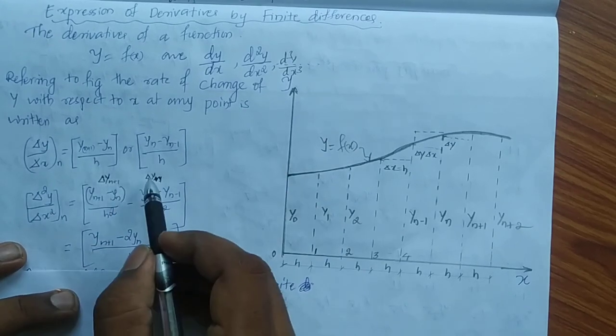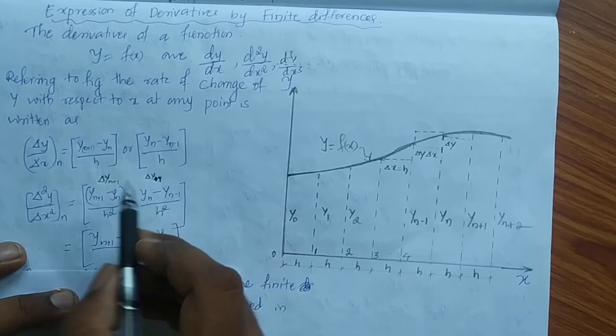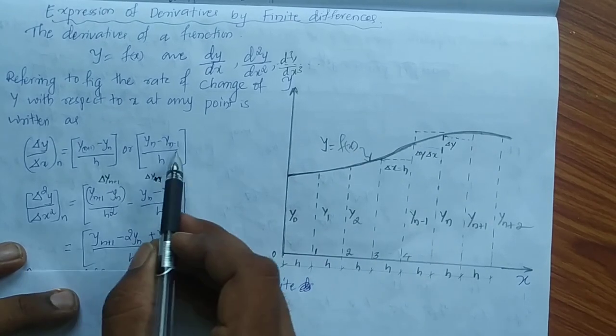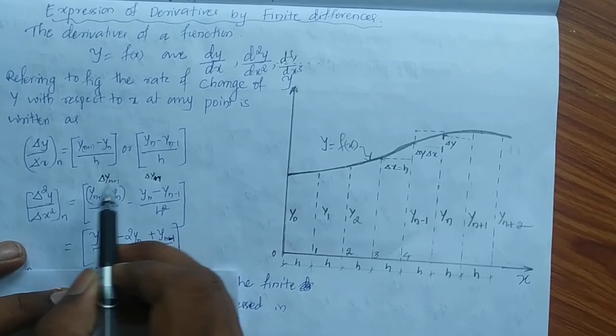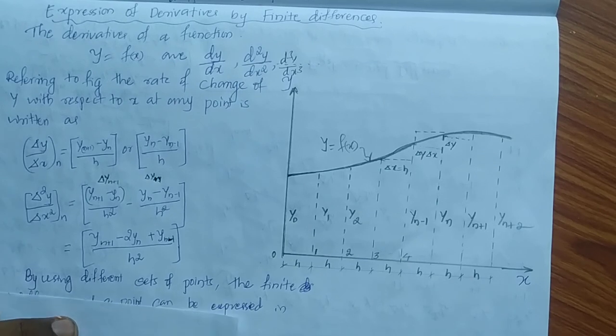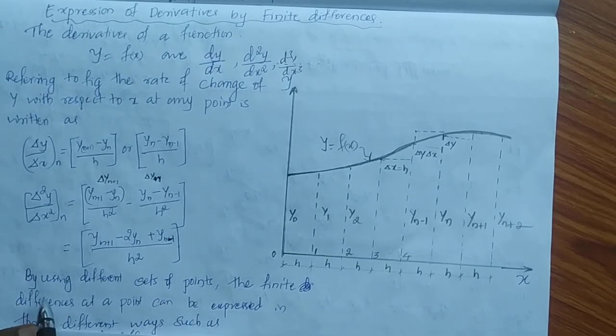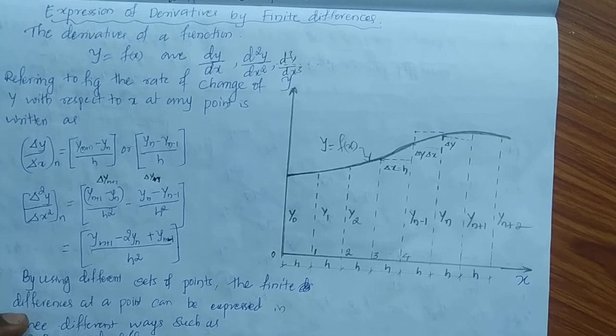So that difference will give you the second order differentiation. This is the first difference, and the difference of differences gives you the second order. By using different sets of points, the finite differences at any point can be expressed in three different ways.